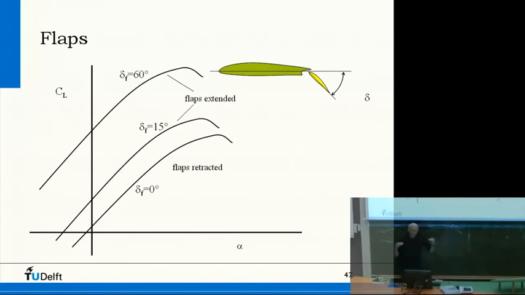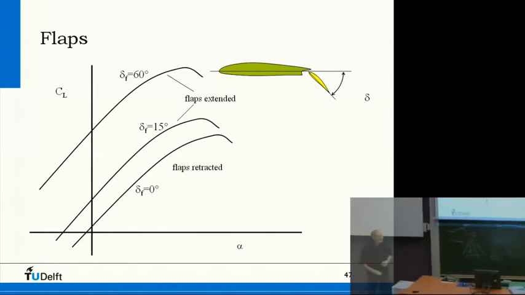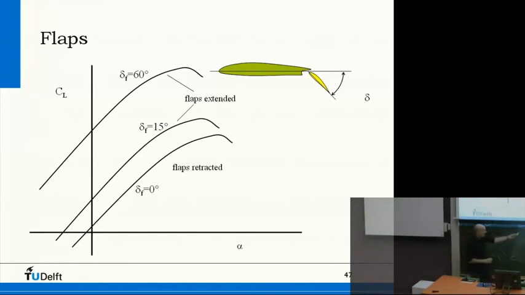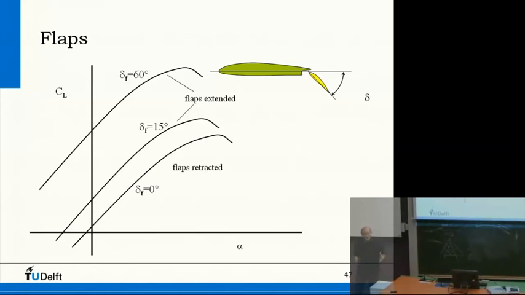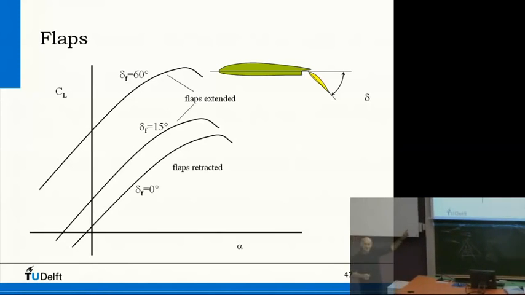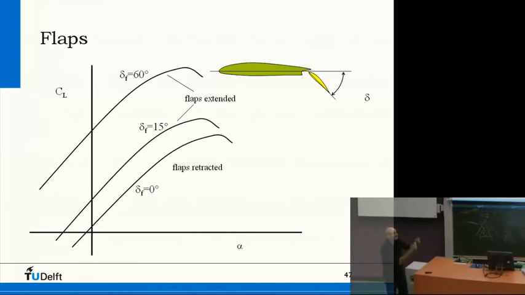So increasing the camber means that you increase the lift up. And you will see that in the pressure distribution, because the pressure distribution is giving you this lift up. I mean, this is the idea behind it, but the real thing is that the pressure distribution changes in such a way that the net result is an increasing lift force.